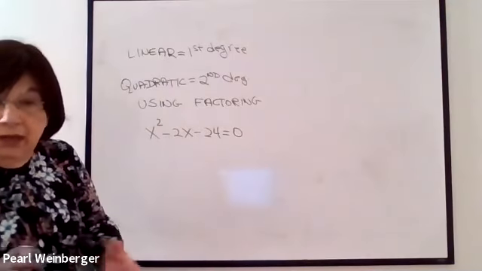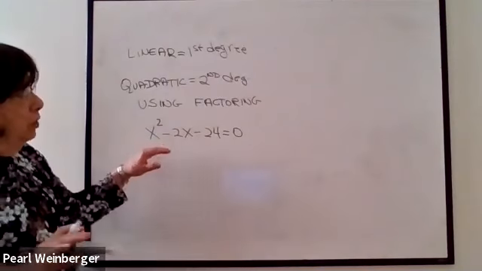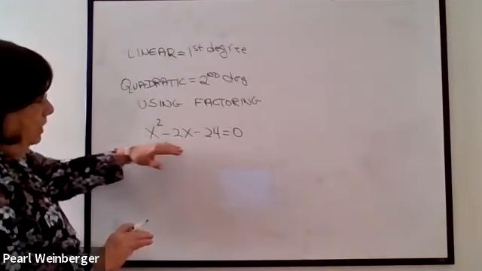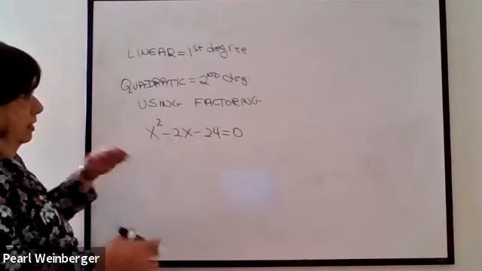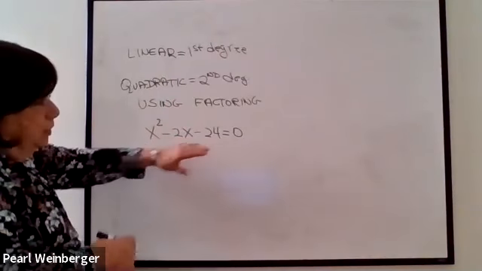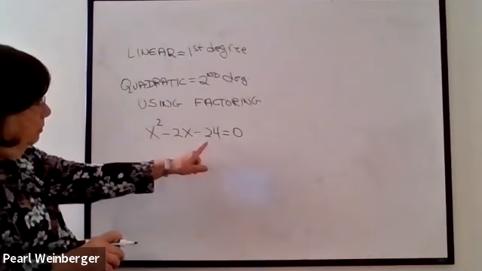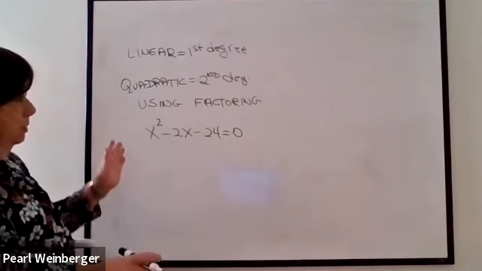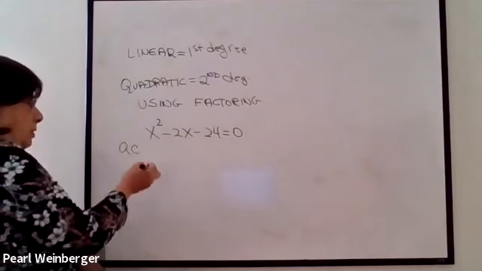We'll talk about what happens if you can't factor later on in the term. Okay, now, how do I factor? This happens to be a trinomial. And the first thing I look at is, is there a common factor? And there isn't. But with a trinomial, I'm going to want to use my AC method.